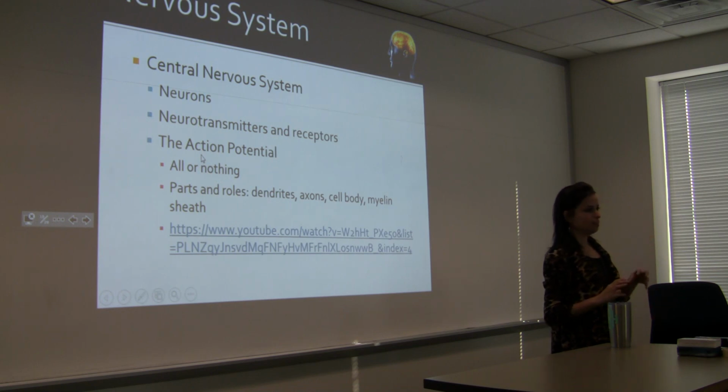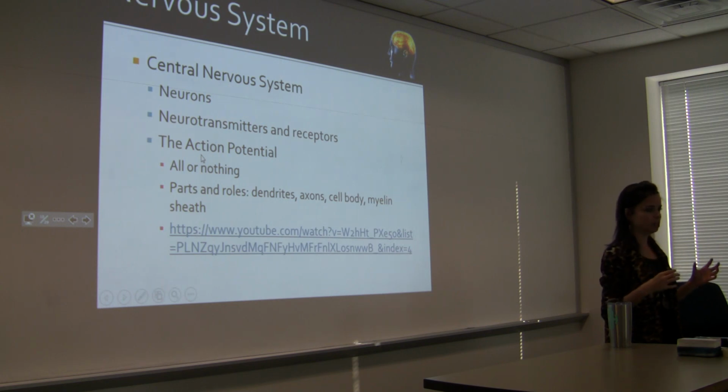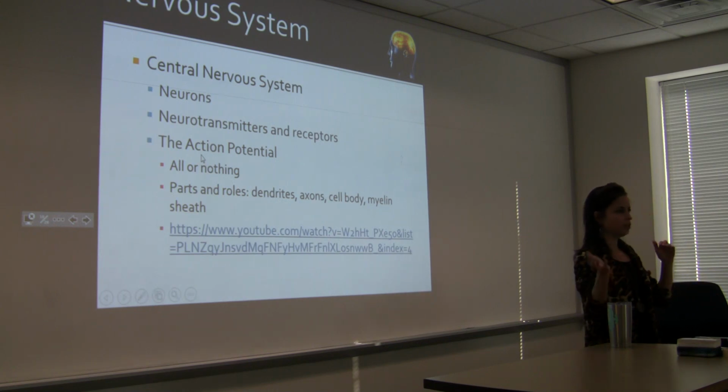When the cell is stimulated by some kind of incoming activity, the membrane between the inside of the cell and the outside of the cell becomes permeable, so ions can flow in and out. Ions are negatively or positively charged particles that are floating around in that space. So when that membrane becomes permeable, sodium comes in. What's the charge of sodium? It's positive.